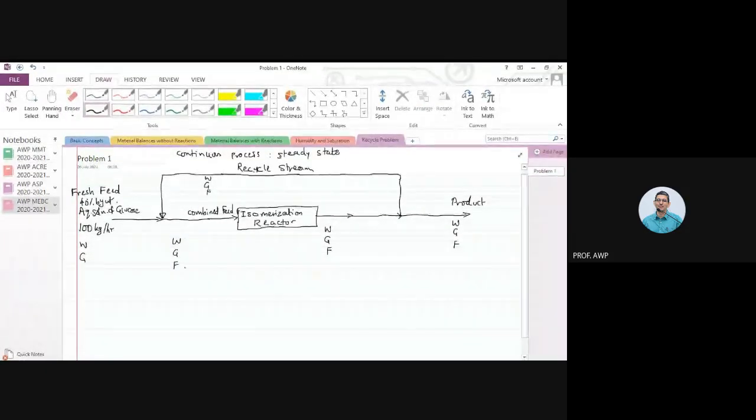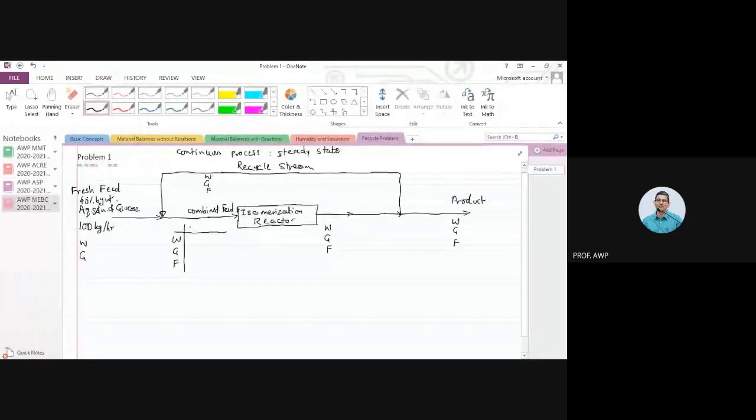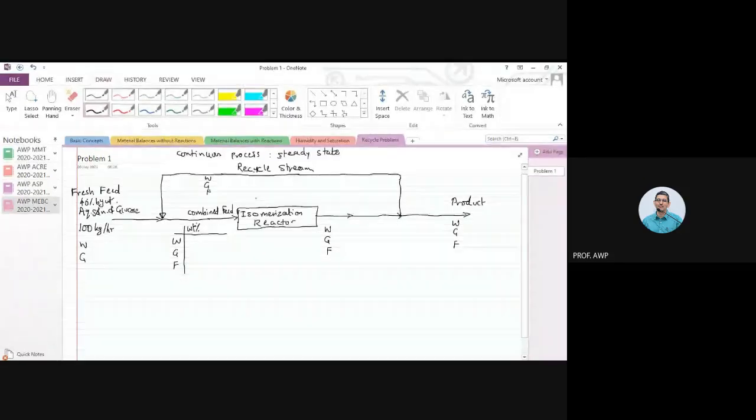I know something about this combined feed in terms of weight percent. I don't want fructose coming into the isomerization reactor so much, so I will want to limit the amount of fructose coming into it. Remember, the isomerization reaction is glucose going to fructose, and it is usually an equilibrium reaction.